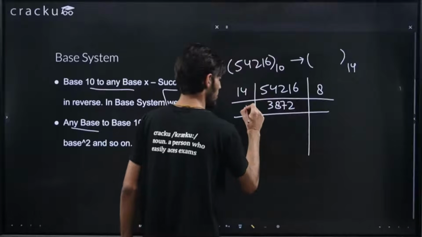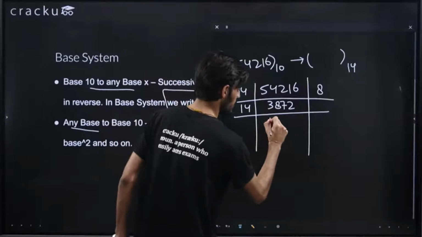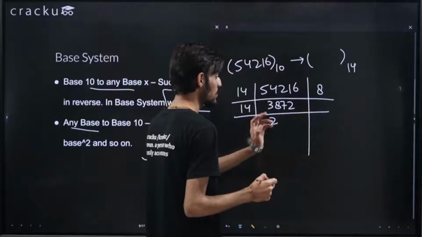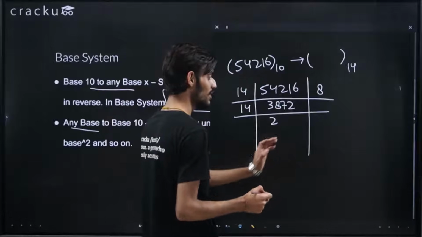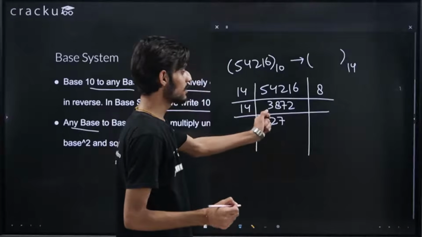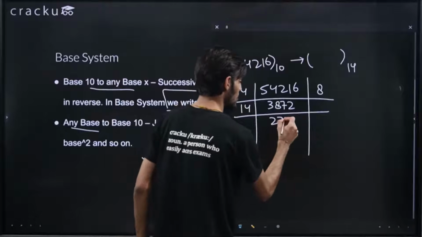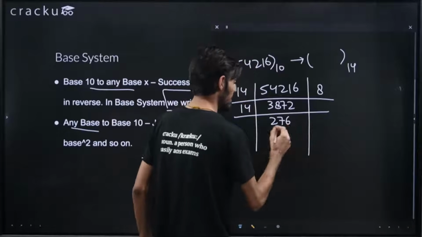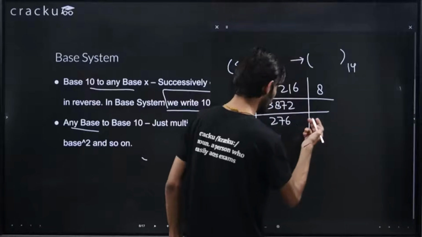Now 14 into 2 is 28, so 10 will be the remainder. So 107. 14 into 7 is 98, so 9. So 92. For 92 it will be 6. 14 into 6 is 84, so 8 will be the remainder, right?